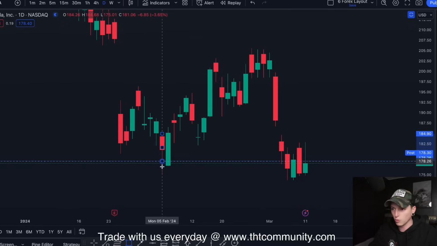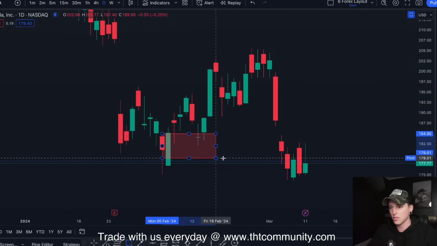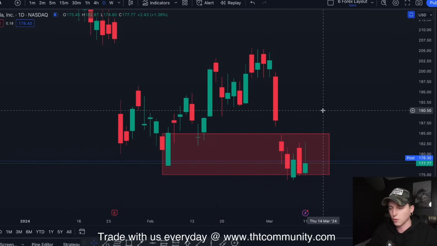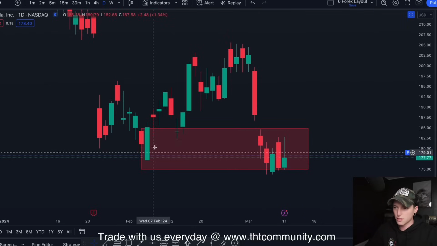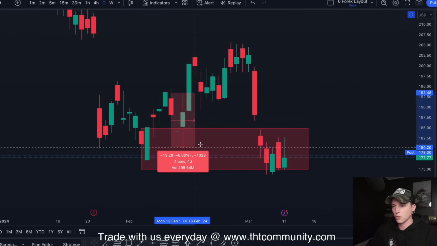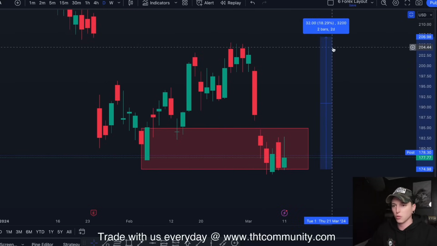So this low, this candle here, that was the final candle before this massive impulse, this here now becomes our order block. It's red. We could make it green because it's bullish, but we're just going to use red because whatever. In most cases, we will see price pull back into the middle of this order block. And in most cases, we will see this bounce out of this order block.